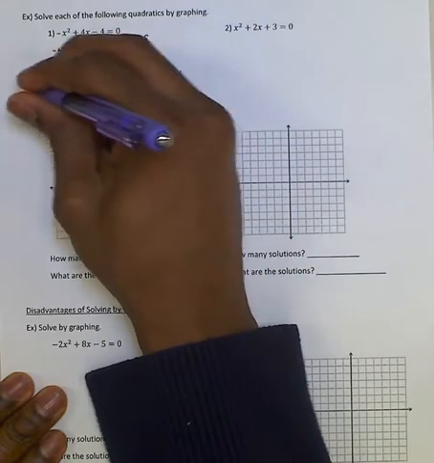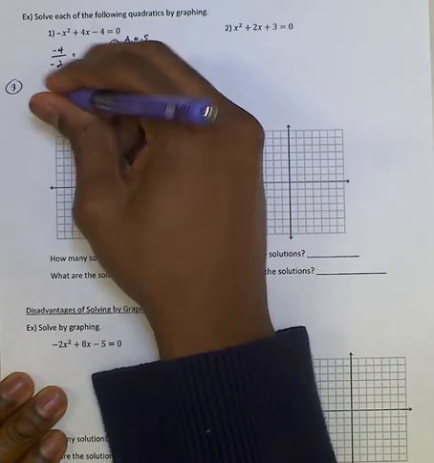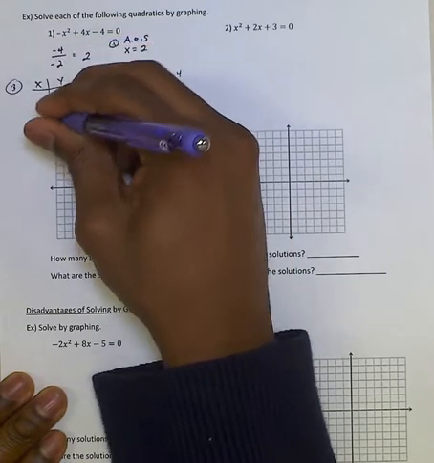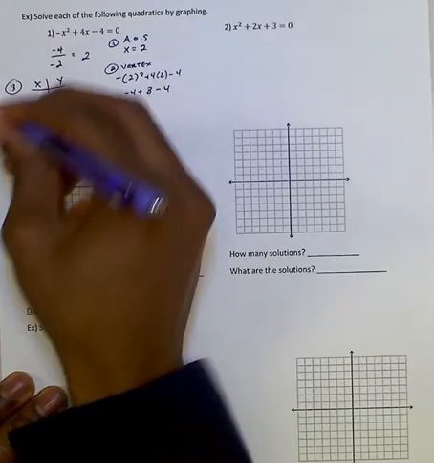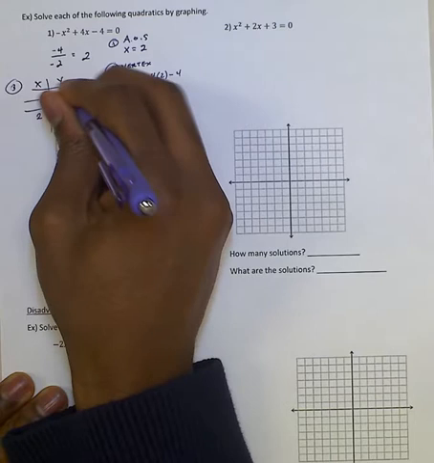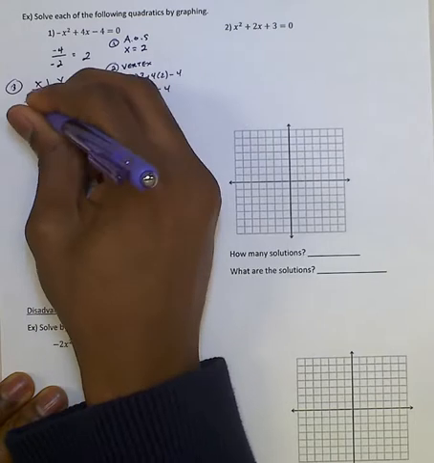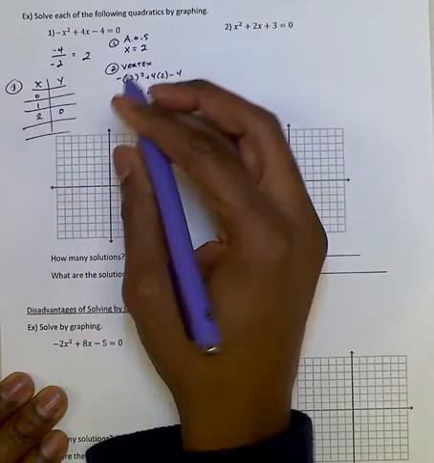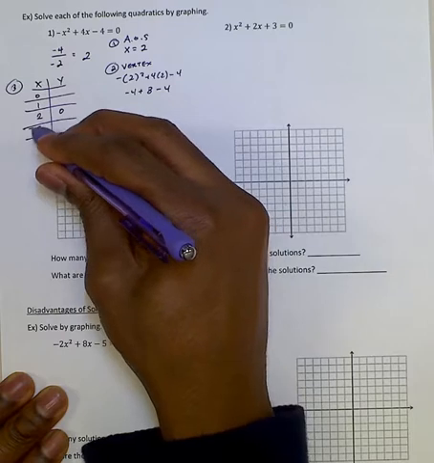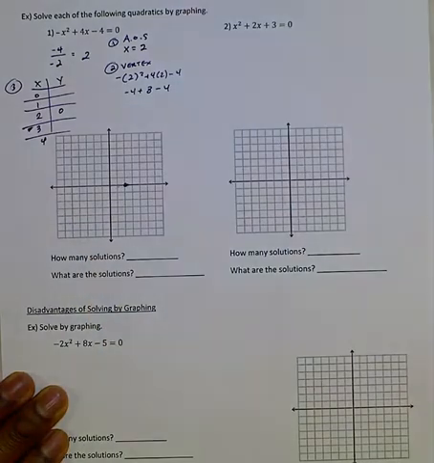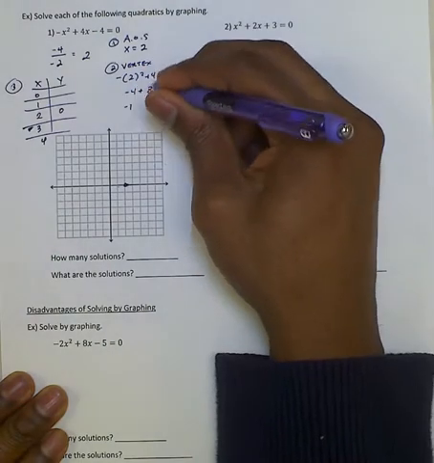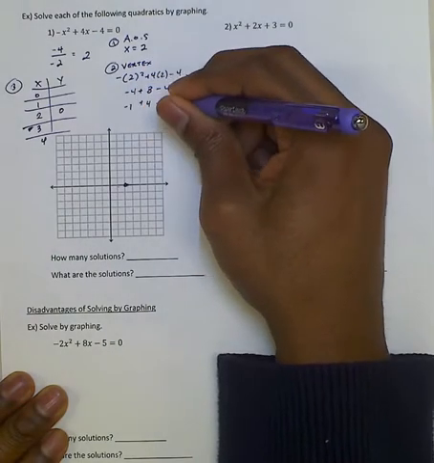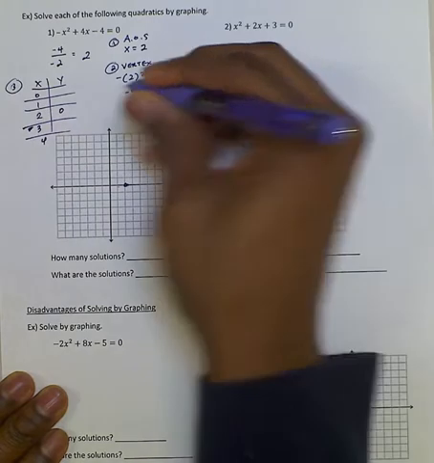Now I'm going to make my table. That is the middle of my table. Okay, I'm going to plug in a couple points. This one's actually pretty simple, but I'll show it all out anyway. I plug in 1 squared, negative 1, plus 4, minus 4. So that gives me negative 1.